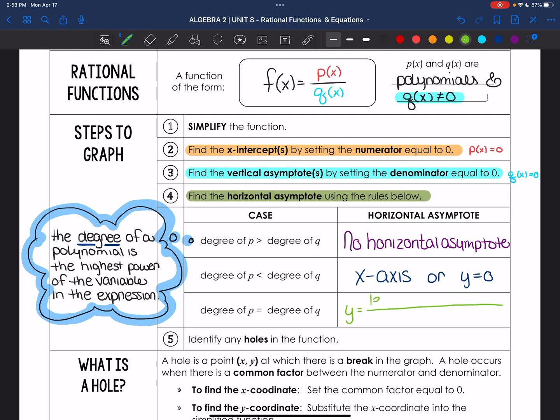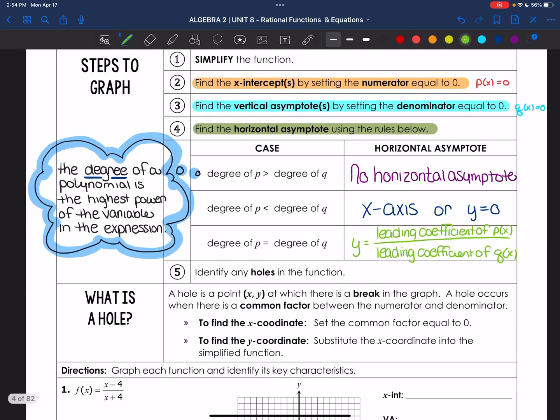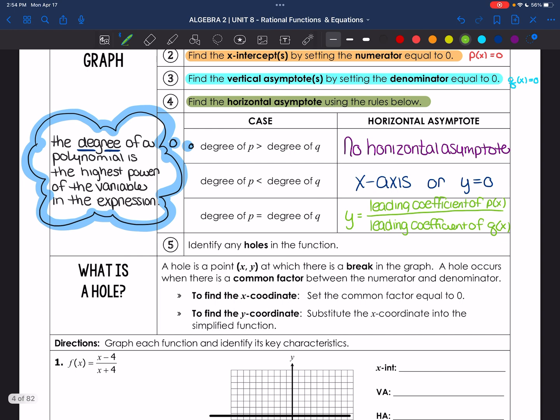Y equals the leading coefficient of p of x divided by the leading coefficient of q of x.